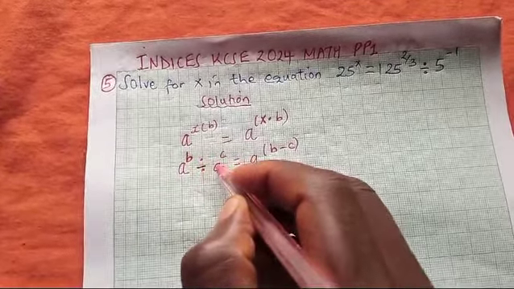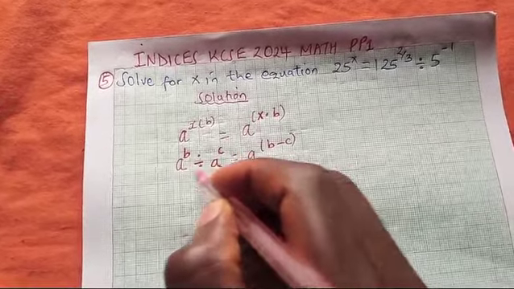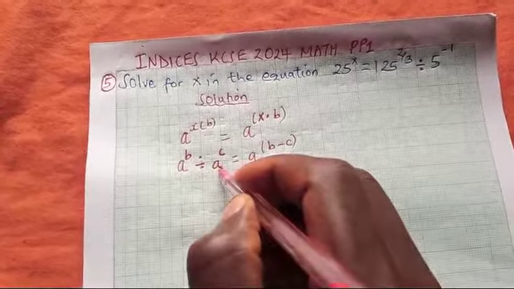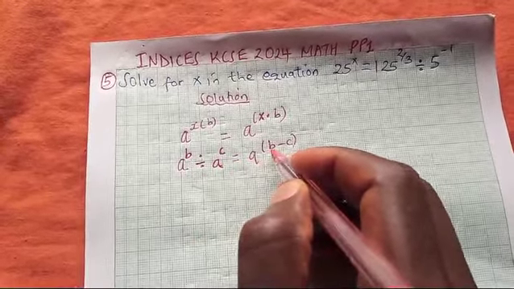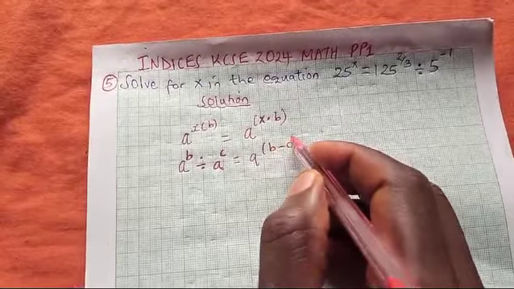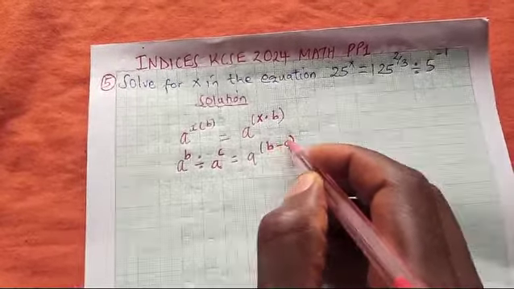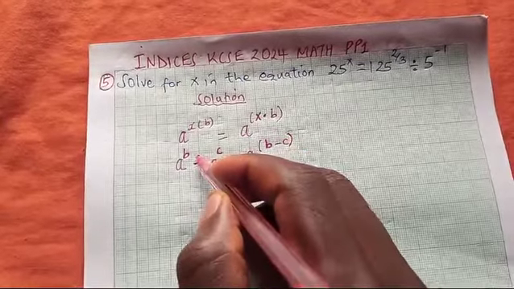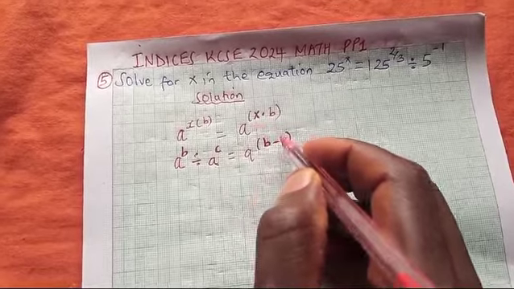From this second law, you discover that the bases are the same, that is, a and a are the same. Now when the bases are the same, we just take one base, and then we raise to the power of the indices that we have. When we have division here, subtraction will take its course.